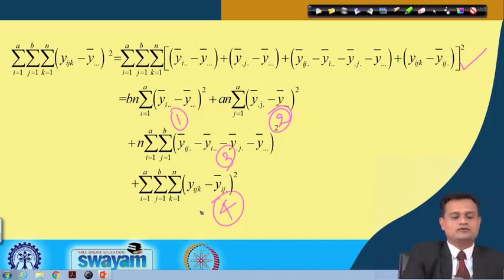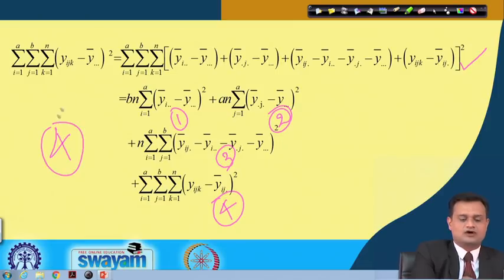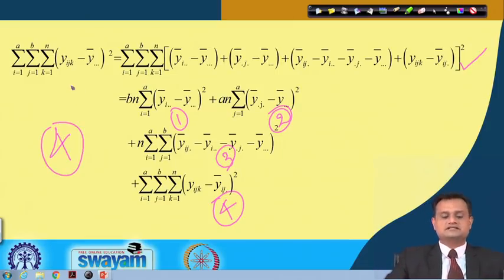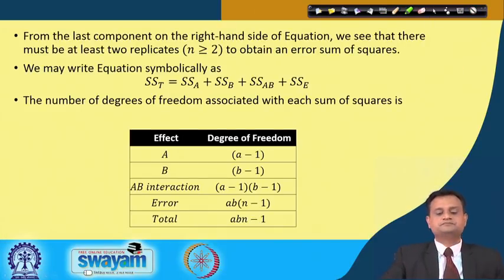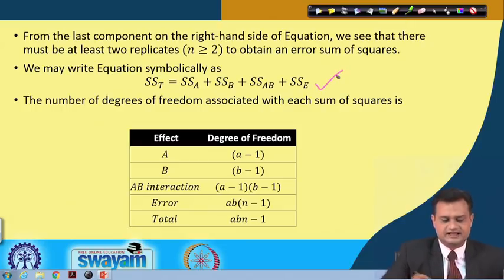So you have derived a total of 4 components, which are the row effect, the factor 1 effect, the column effect with j equal to 1 to b, the interaction effect, and the error component. So I have the expression SST is equal to SSA plus SSB plus SSAB plus SSE, and these are the corresponding degrees of freedom.